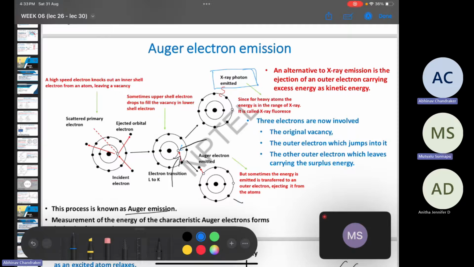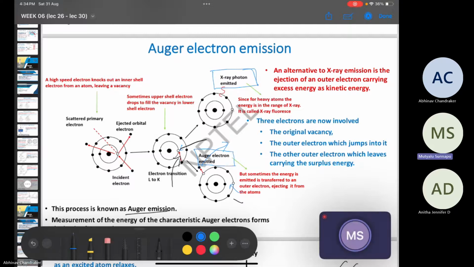But another alternate process is that the transition from outer to inner shell leads to generation of energy, which causes an electron from within the atom to get released. So instead of an X-ray photon coming out, there will be an electron which will come out with some amount of energy, and this phenomenon is called Auger electron emission.